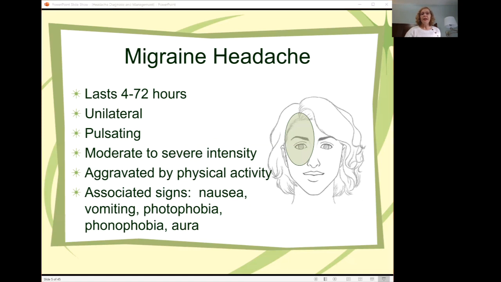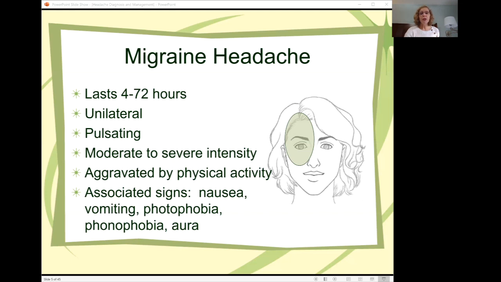A migraine is a chronic unilateral headache that comes on gradually. It is commonly on the upper half of the head, but it can involve any part of the head. The headache lasts between 4 to 72 hours when left untreated. And to make the diagnosis, there must be at least two of four qualities.